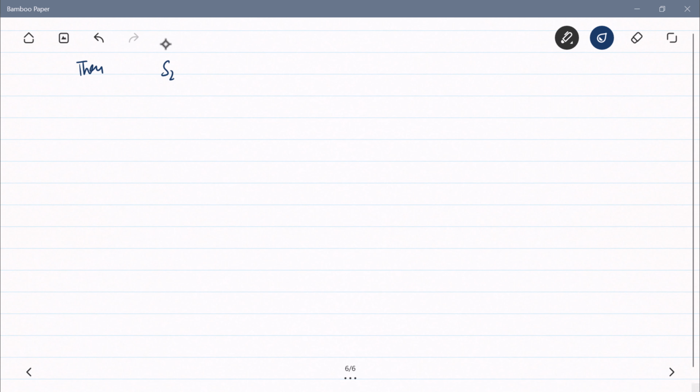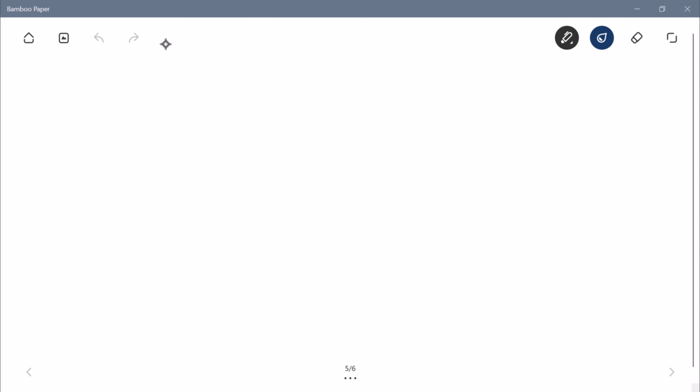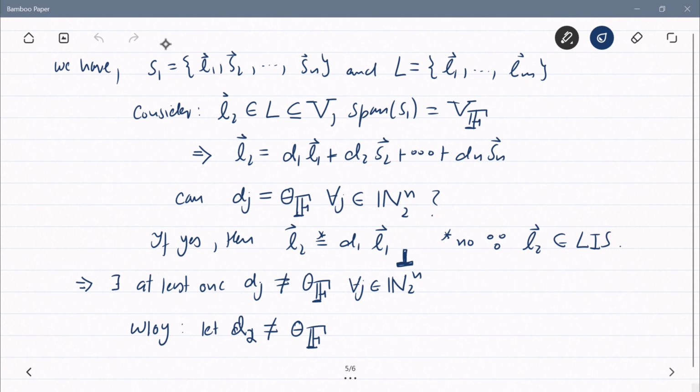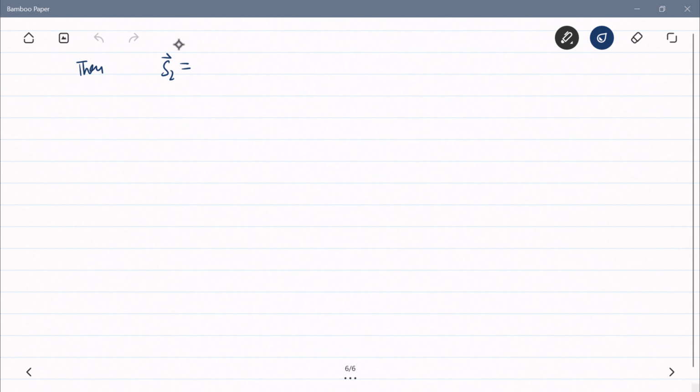And S2 is equal to what? It will be equal to negative d sub 2 inverse of, first of all, d sub 1 L sub 1, and a negative L sub 2, and afterwards we can simply have d sub 3 S sub 3, plus dot dot dot till n.